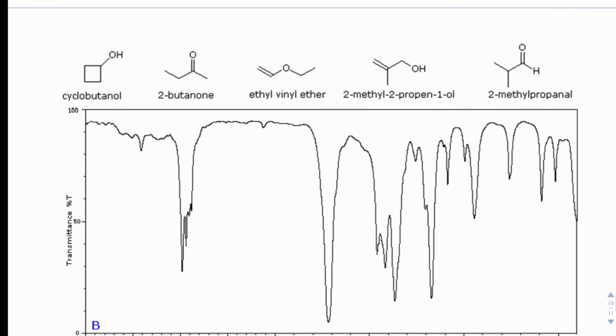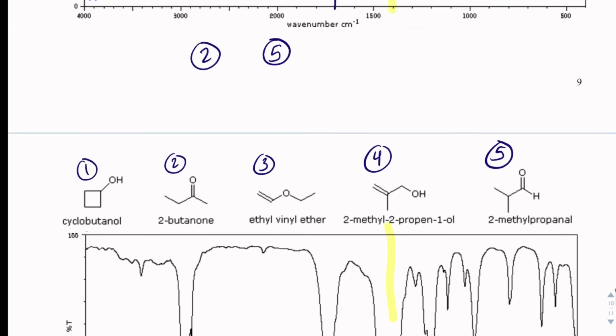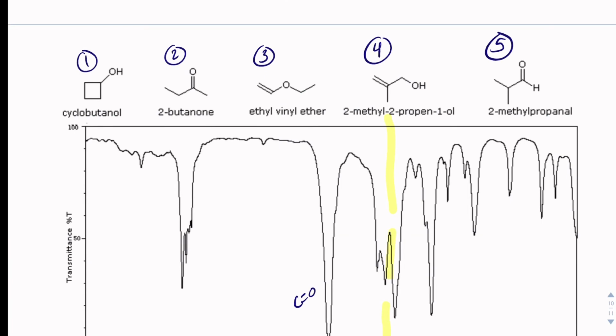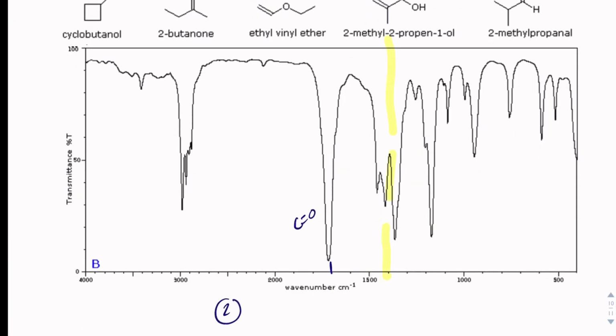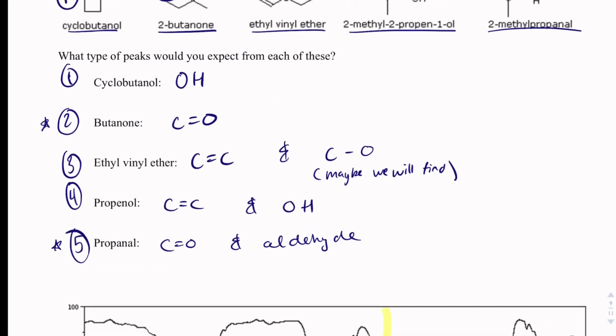Okay, we go to the next page, same 5 compounds. Here, I'm going to mark my fingerprint region. Notice I do it very rough because it's just kind of an eyeball here. I get another 1700-ish. So automatically that C=O only occurs in 2 and 5. The difference between 2 and 5, what we said up here, is that 5 has an aldehyde, and we know aldehyde has fangs.